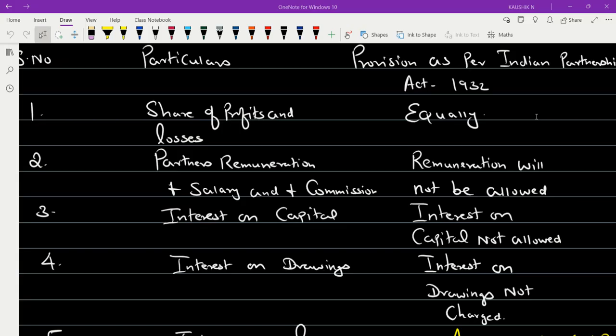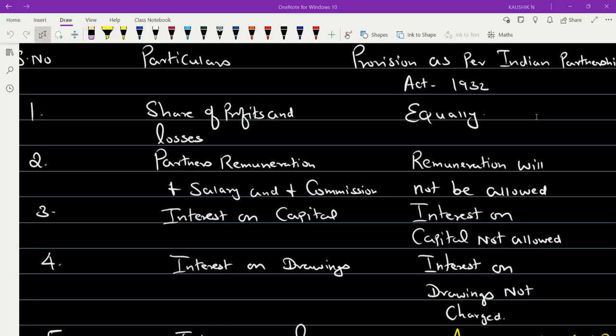So capital we will have two different values: opening capital, closing capital. So only on the opening capital we will calculate interest on capital. So we should have sufficient profits, and it will be calculated on opening capital. If it is not mentioned in the deed, then interest on capital will not be allowed.